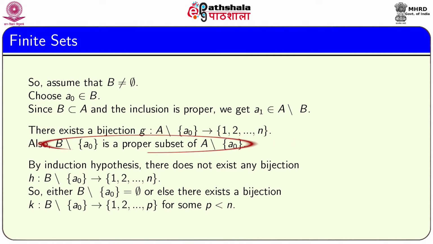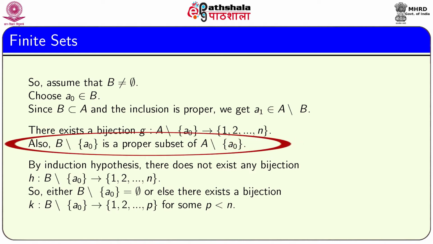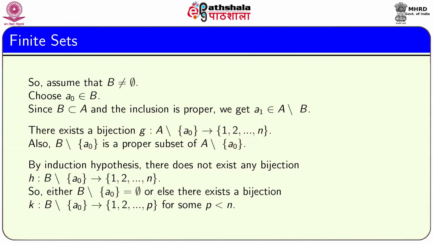Now, again B minus A0 is a proper subset of A minus A0. By induction hypothesis, there does not exist any bijection H from B minus A0 to the set 1 to n.